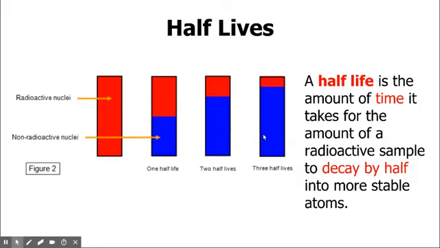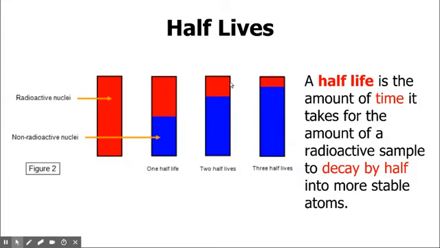And then once again, we go through another half-life. And because we were at 25, this is about 12 or 13. You can't have half of a radioactive atom. Like, it's either radioactive or not. It's either unstable or not. It's either one thing or another.